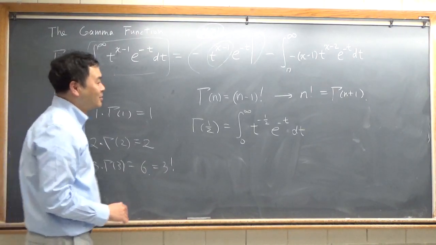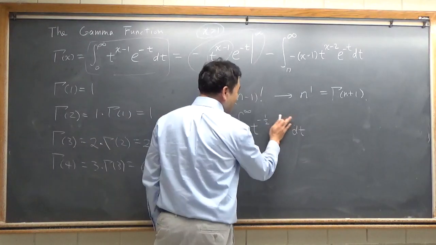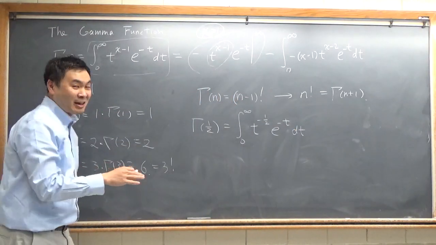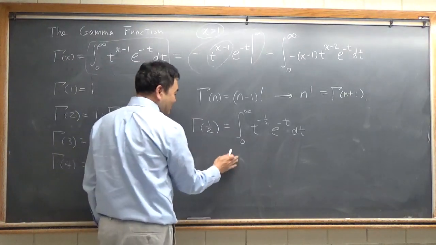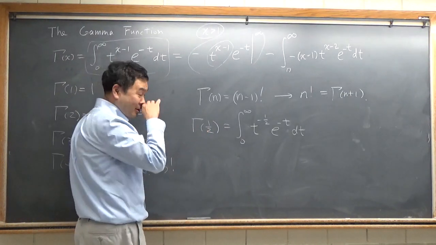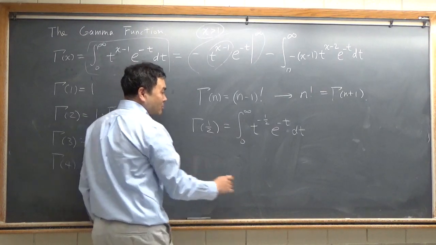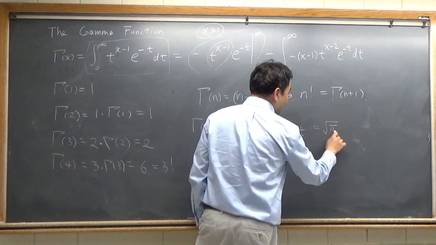Now, why would that be? Usually people just mention this, but I actually want to show you a little bit because it deals with something that we've already done. So think about the following. I'm saying that this is equal to square root of pi.